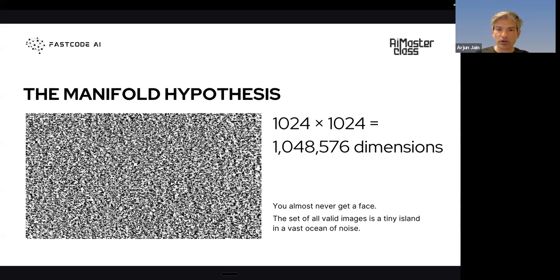Of all valid images in this vast ocean of noise, if we take any random numbers for this image, it can create mostly garbage. But there is a small island which will create faces or natural images that mean something to us, and it is a very small part.